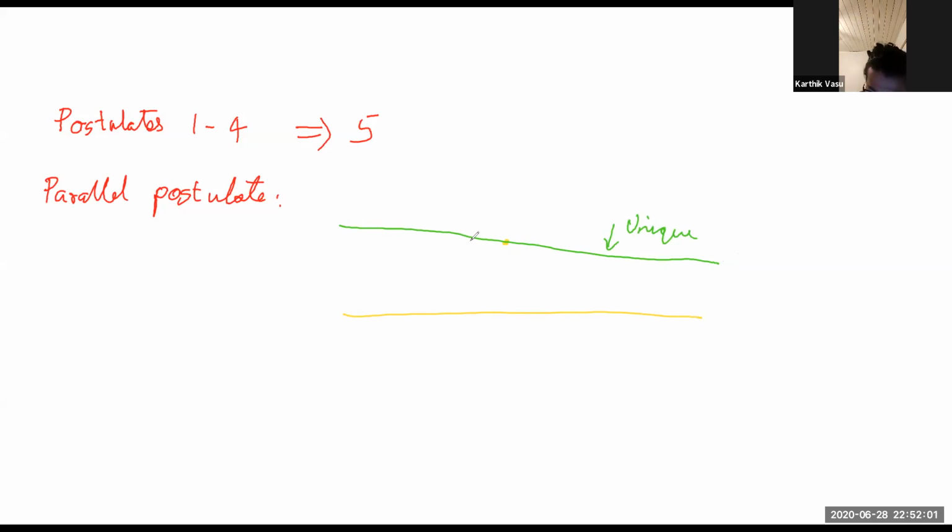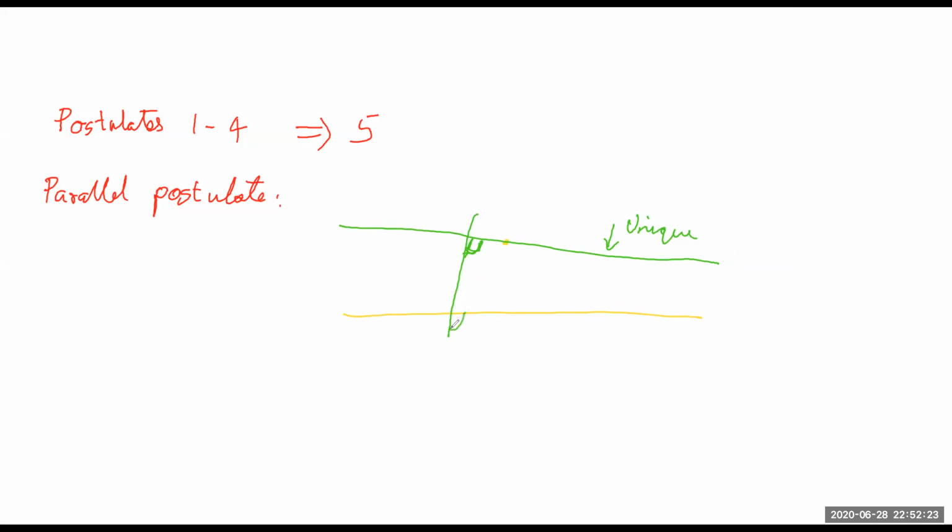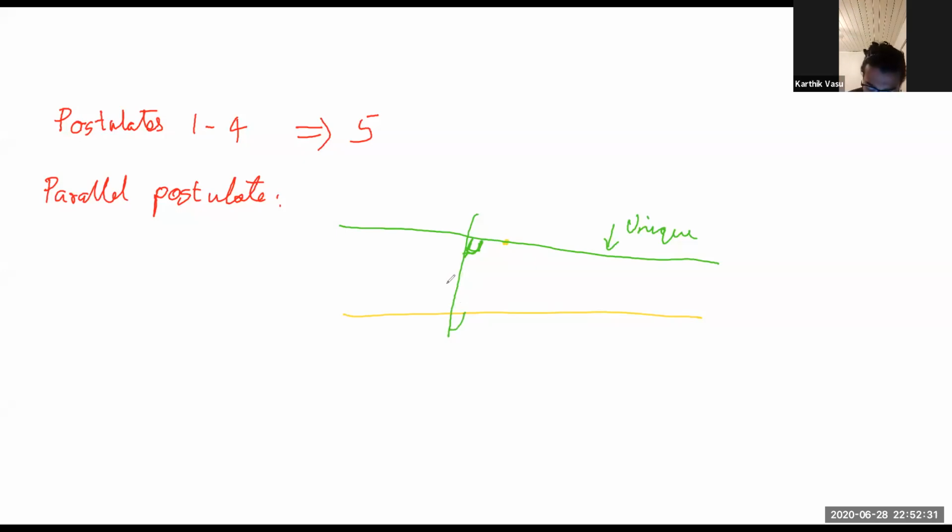This postulate is also the same as saying that if two lines are parallel, then these angles, this one and that one and this one, are equal, like the interior angles of a transversal, some property there. So all these are equal. This is also the same as saying that the distance here and the distance here are the same.